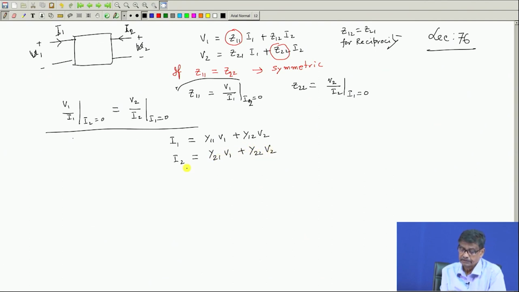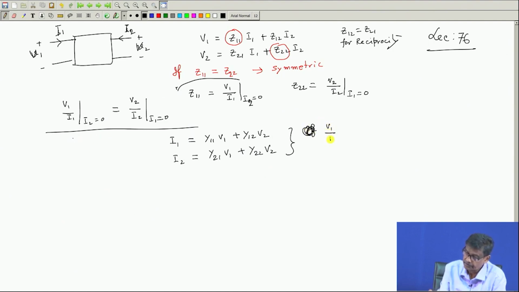Therefore, we want to find V1 by I1 with I2 equal to 0.